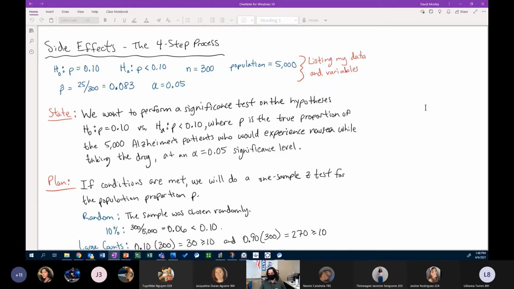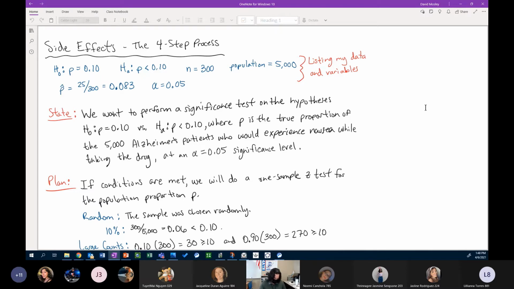I'll need to use this information while I do the 4-step process, and I don't want to have to go back into the context again to find these numbers each time I need them. So I'm going to write them all down in a way that I can use them.